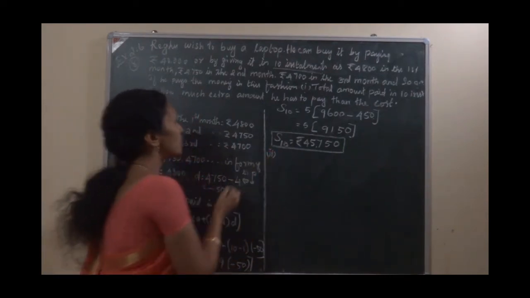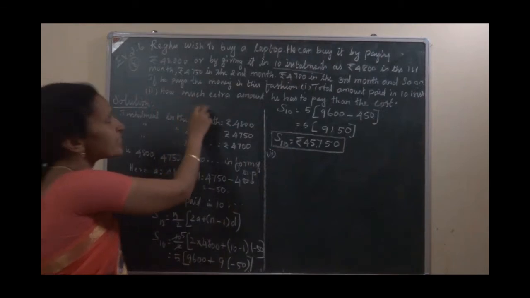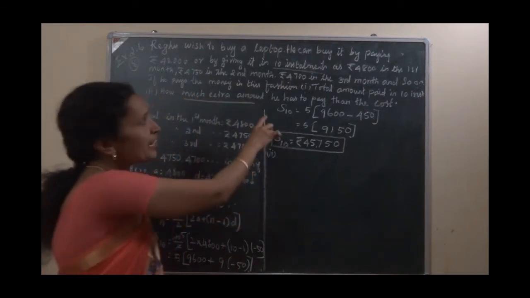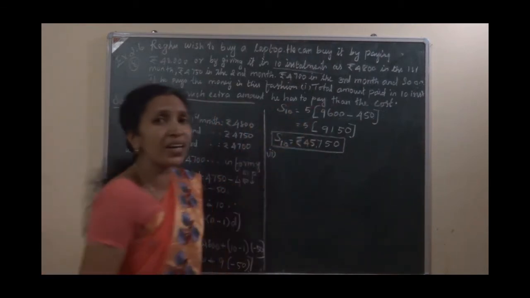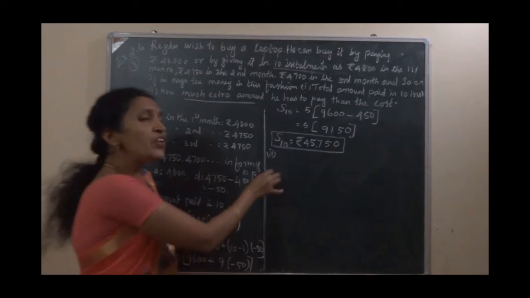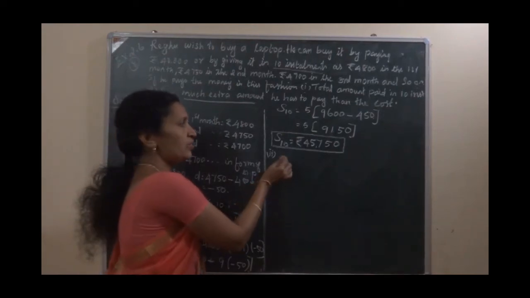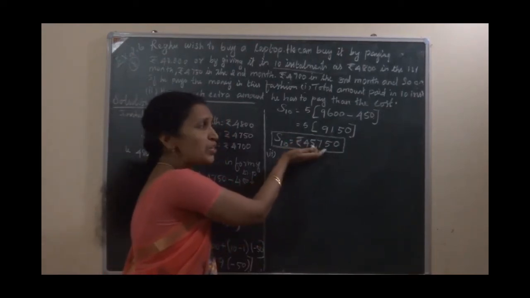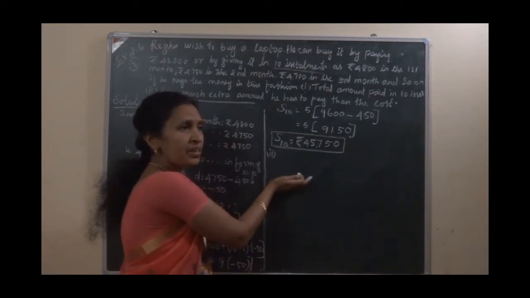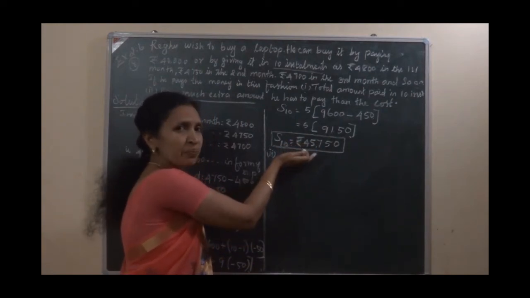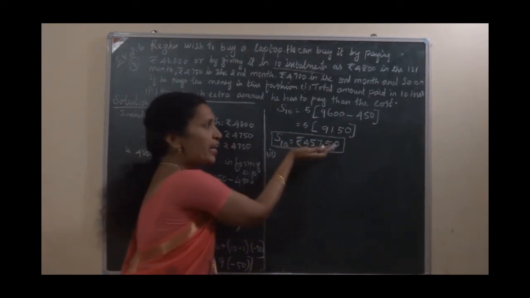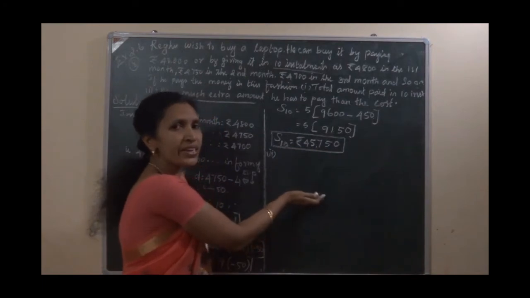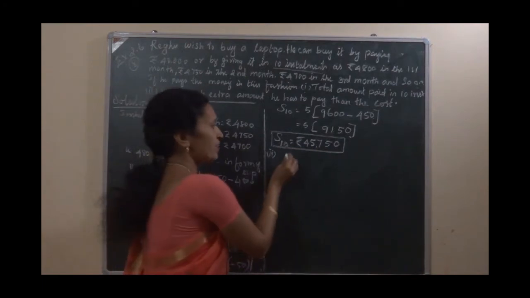Next, the second question. How much extra amount does he have to pay than the cost? How do you find it? The cost of the laptop is only 40,000. Here some extra amount came, so from here you have to subtract 40,000 and you will get the answer.